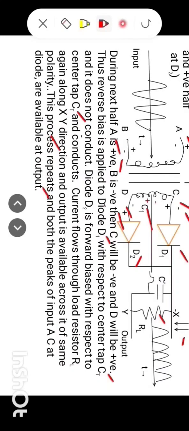One through conduction of D1 and the other through conduction of D2. Thus full wave rectification takes place. At the output we get both the halves of the input of the circuit.